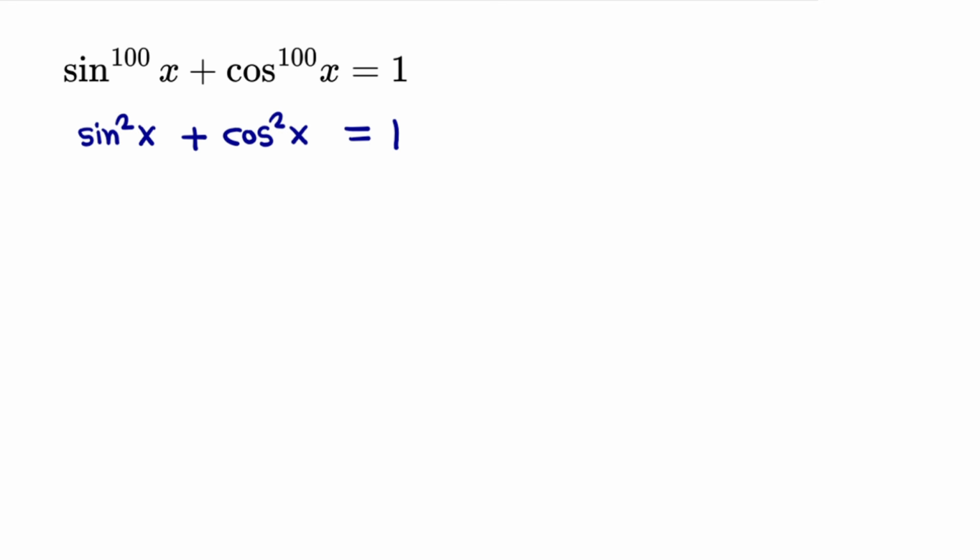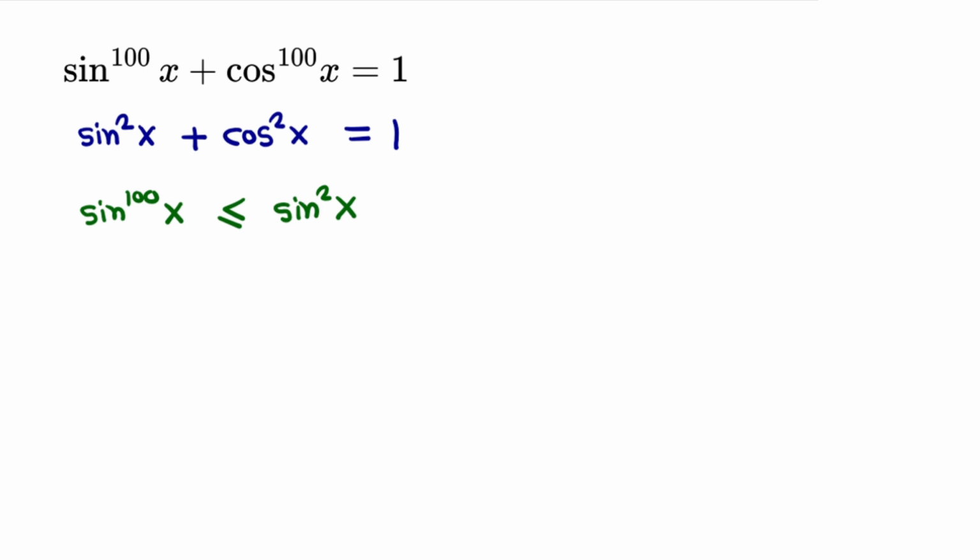Let's focus on the sine term first. I claim that sine of x raised to the 100th power is always less than or equal to sine squared of x. Of course, in mathematics, every claim needs a proof. So, let's prove it.